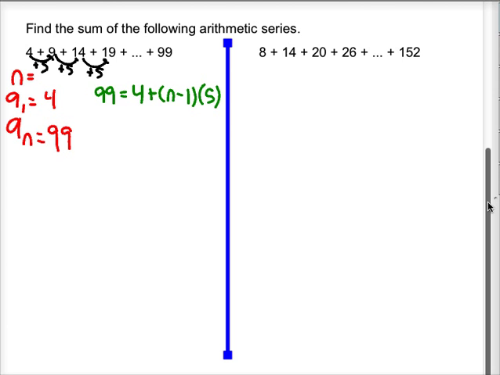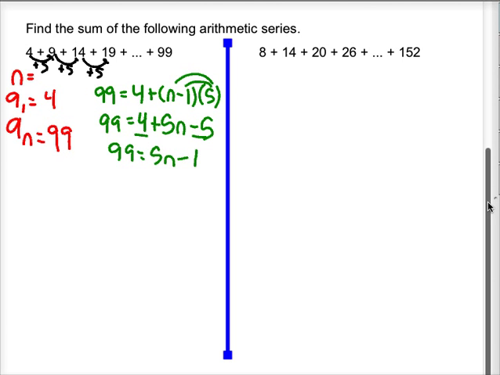All right, so to find n now, I need to clean this up, so I'm going to distribute that. Oh, that should be an equal sign. Equals 4 plus 5n minus 5. Clean that up a little bit, so that's going to be 5n, then 4 minus 5 is a minus 1.